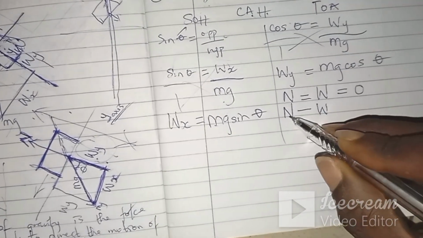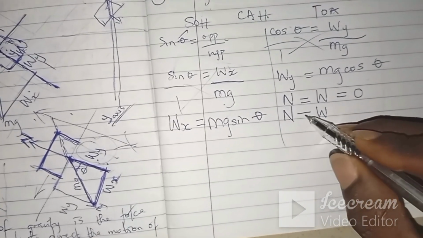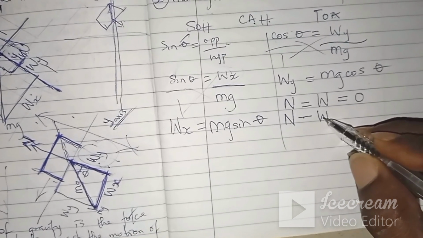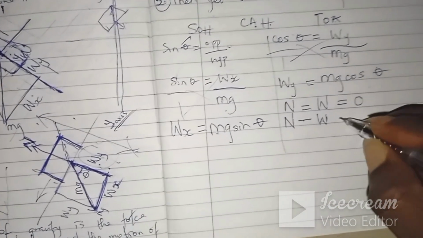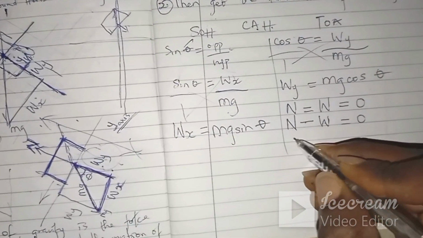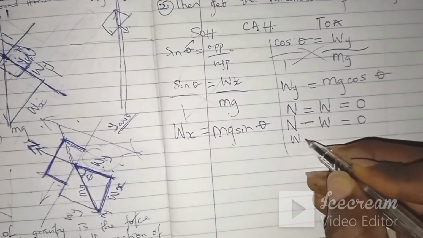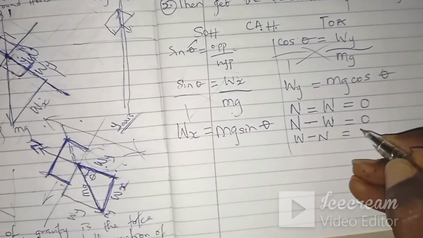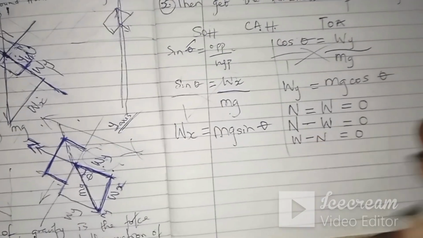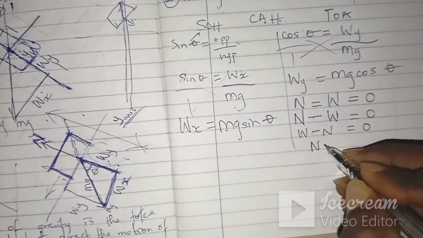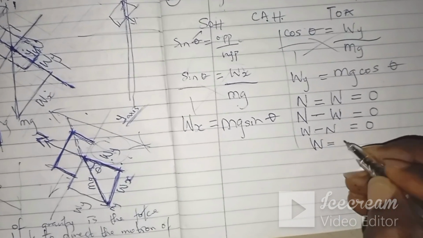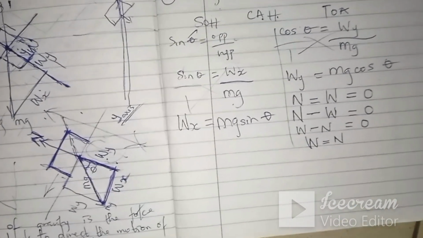In this case, normal reaction is the action and this one is the downward. So N minus W equals 0. Even if you do W minus N, it is still equal to 0, and they give you the same result, because once this one crosses over, it becomes W equals N. So whichever way you do it is the same.